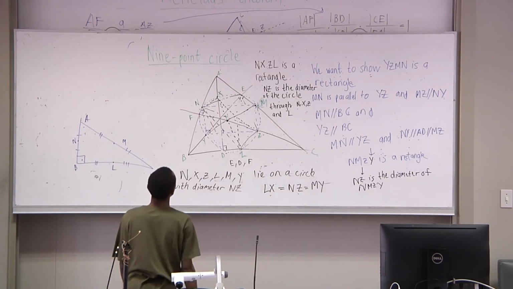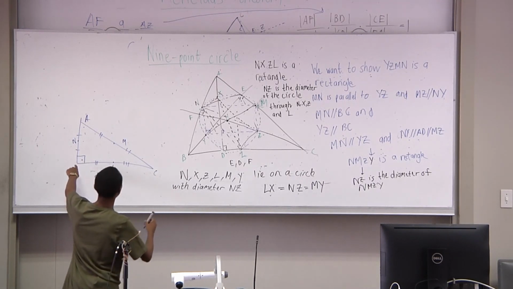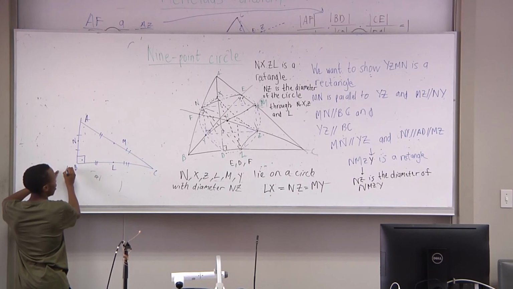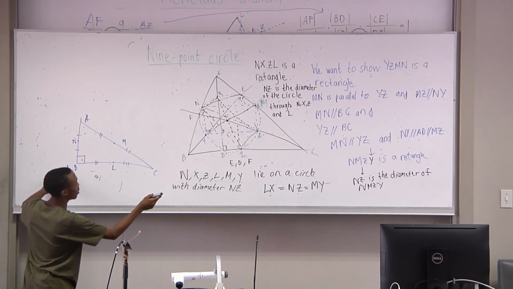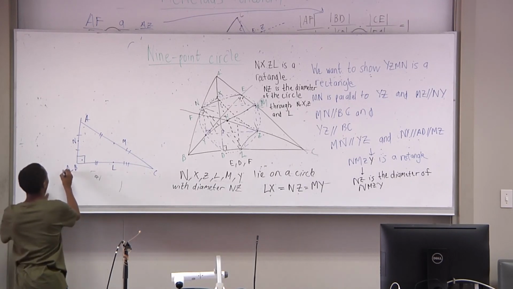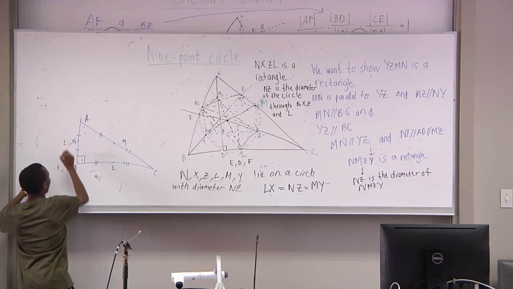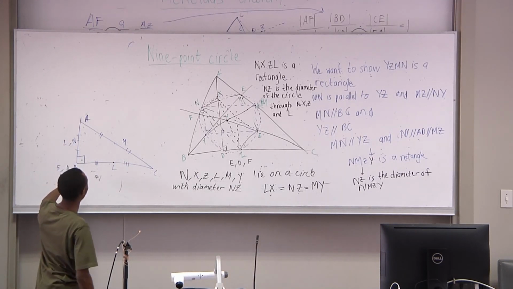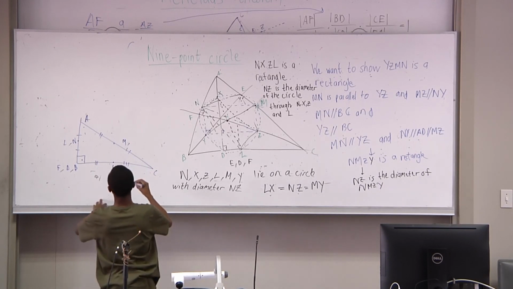Yeah, so when you drop A down to BC, that would also be D. And C dropping down to AB, that would also be F. And that would be L. And that, I'm guessing, would be E.